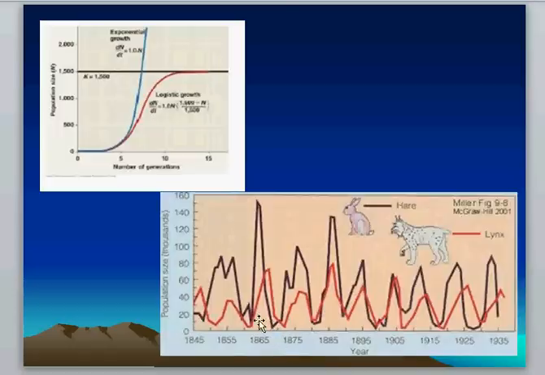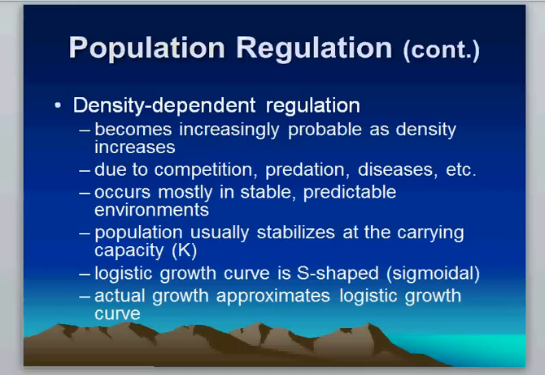Another type of population regulation is density dependent regulation. The population growth is similar, at least initially, to density independent regulation, until a certain density of the population is reached. Once that density is reached, then the species begins to control its own population growth.